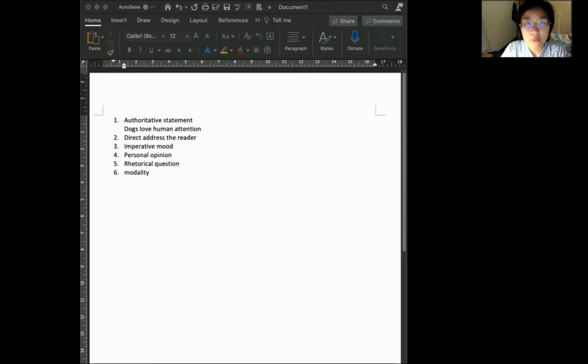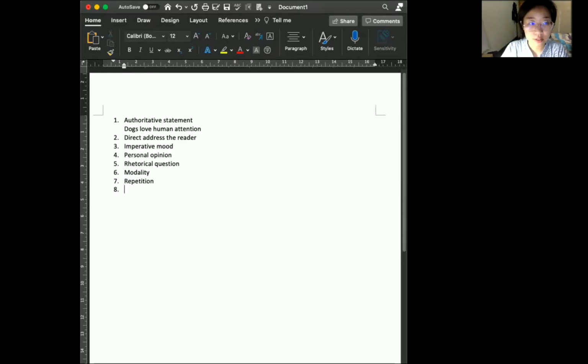It gives the reader information on the degree of obligation or certainty involved. For example, we should not keep animals in cages. We must quit doing this. Another one is repetition. So maybe you repeat the same words or phrases over and over again, but we usually have a rule of 3.